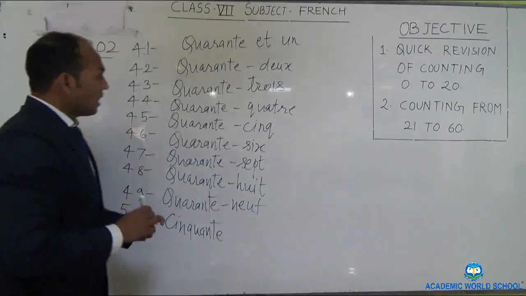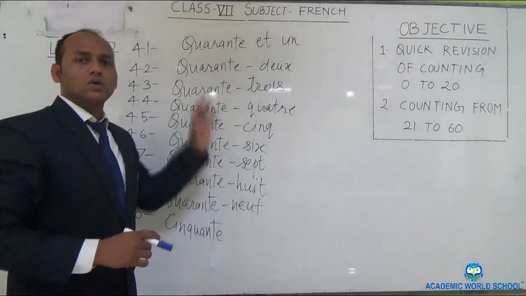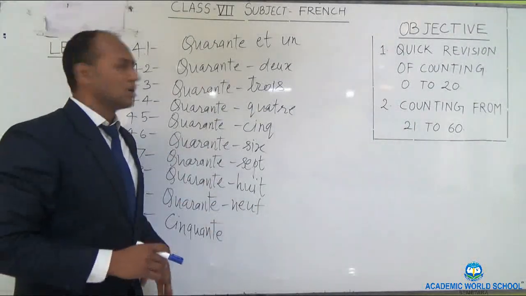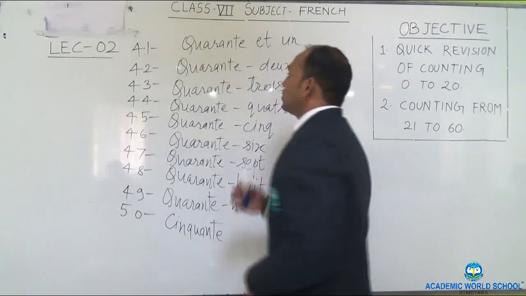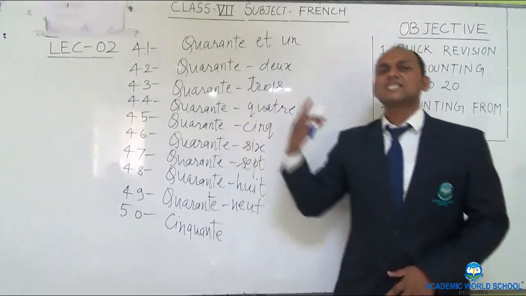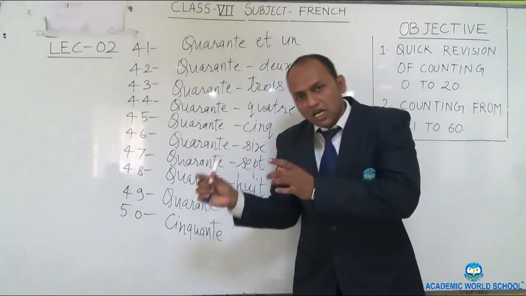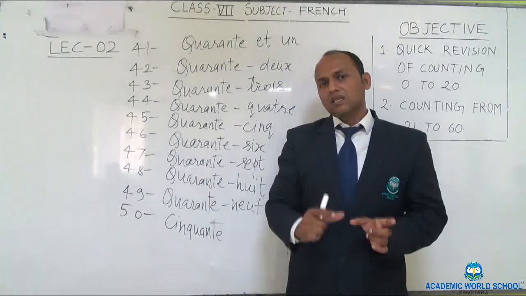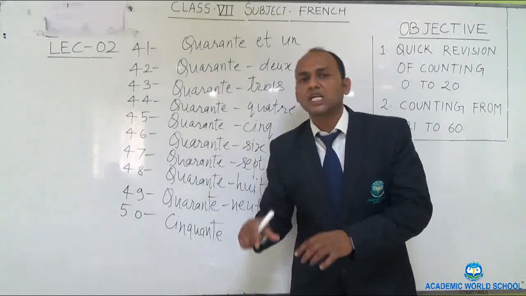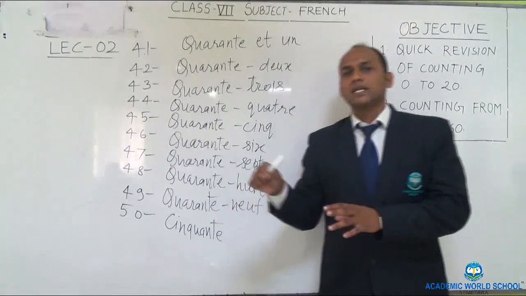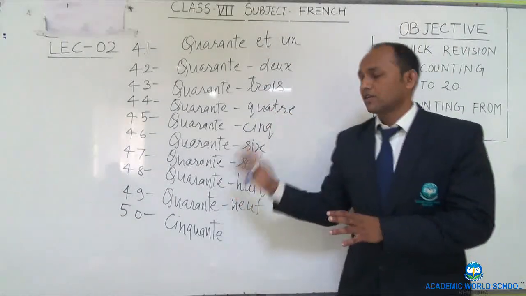Okay, now we will go through the pronunciation part. You might have noticed and observed the same pattern that we followed from 21 to 29, 31 to 39 and then 41 to 49.